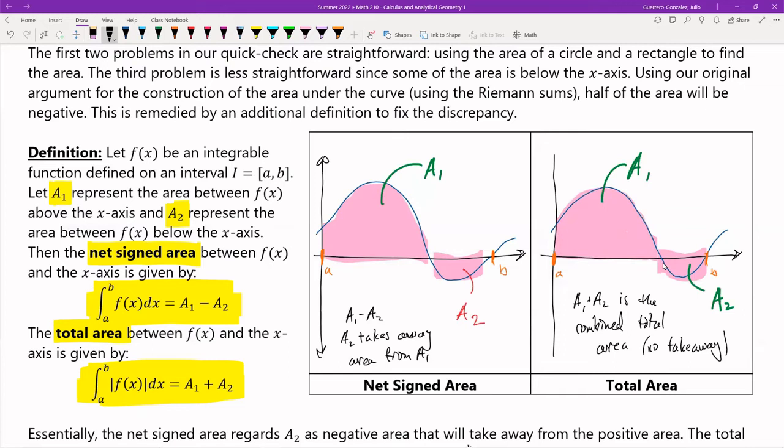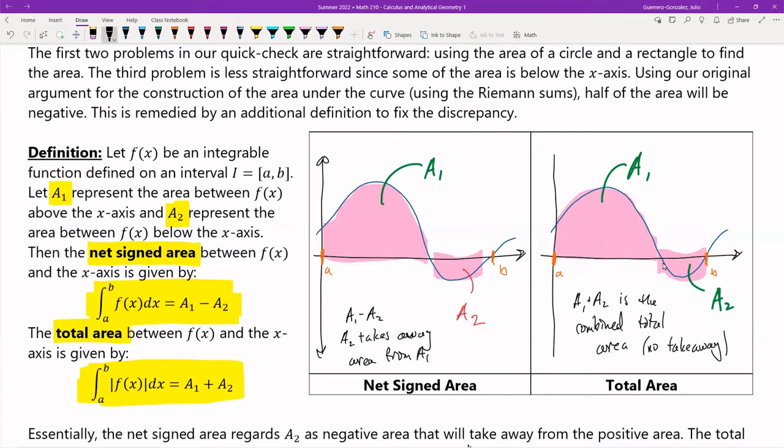So in this case, what happens is basically A2, we consider it as a positive area, even though it is going to be defined by our rules and definitions of the definite integral from above, right? This is considered a negative area. But since we're talking about the total area, we are just going to need to know to turn it positive.